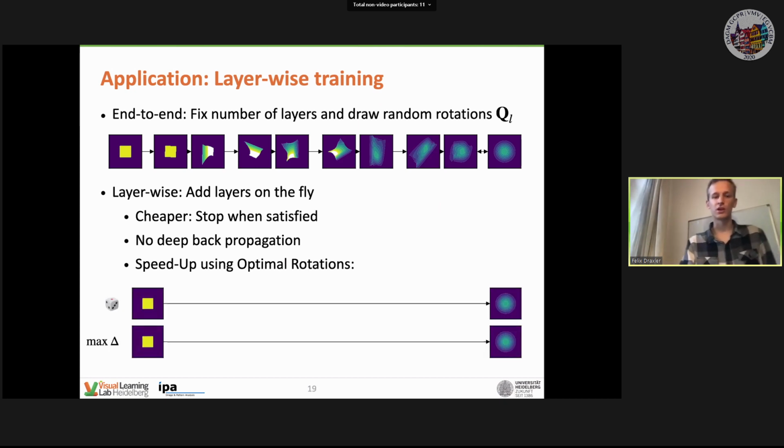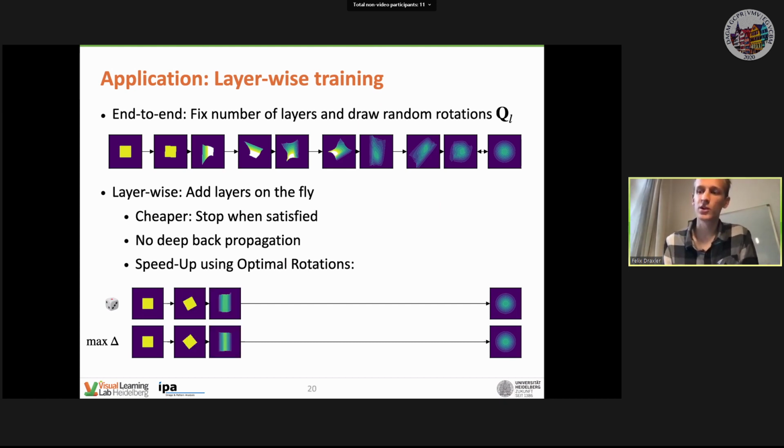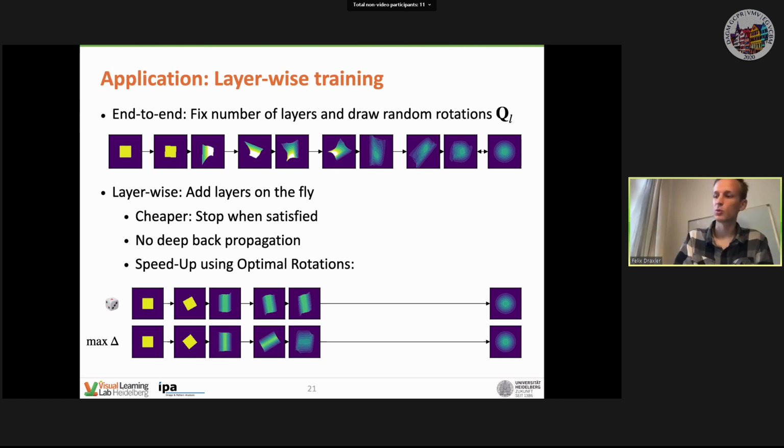So in these two lanes, we now compare random rotations to those that resulted from maximizing this loss improvement. And you can see that we can be lucky with the random rotations and have the same or comparable quality to when we optimize the rotations, but we also might be unlucky and there's not real progress by a single layer if this rotation is not meaningful.